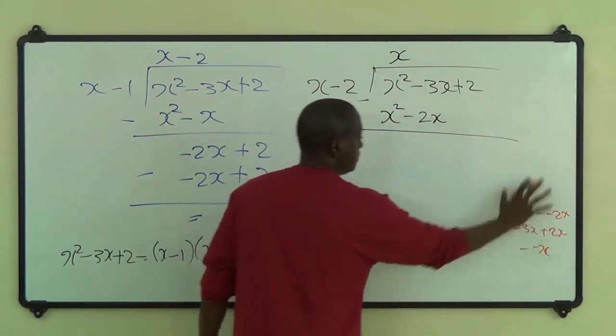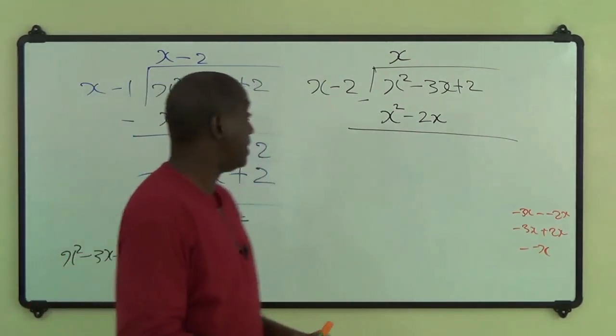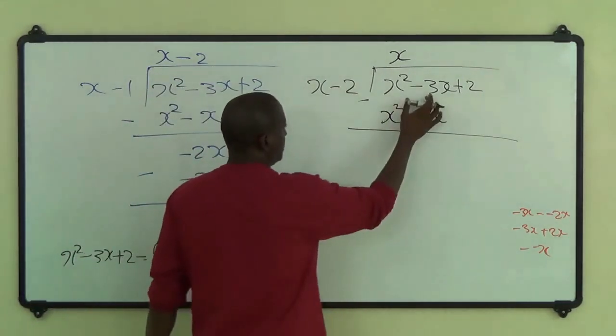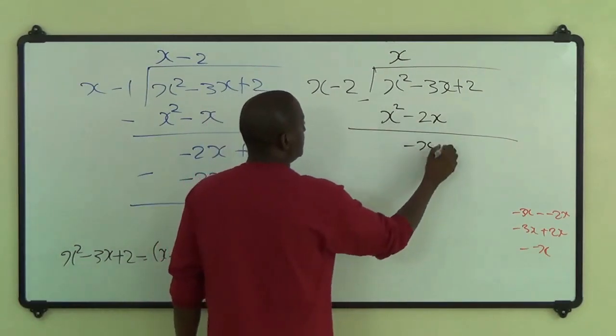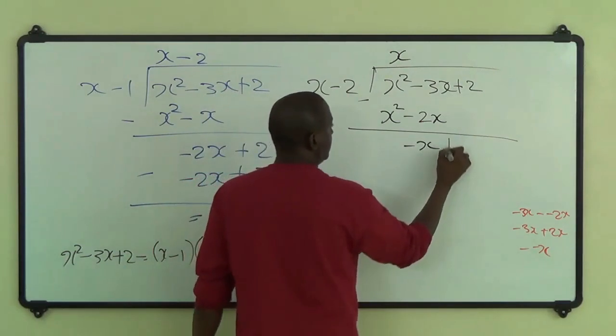Here again, that is taken for granted if you're coming up here to do A-level maths. Yeah? So minus 3 minus minus 2 is the same thing as minus 3 plus 2, which is minus x. And of course, you take the plus 2 and you bring it down.